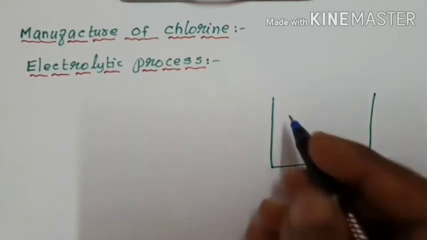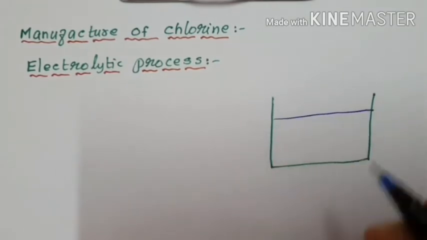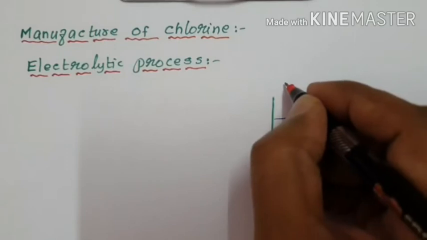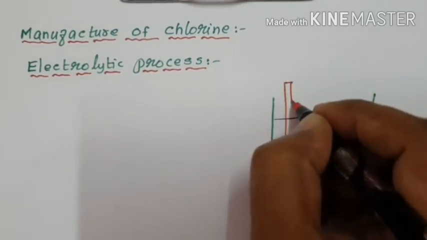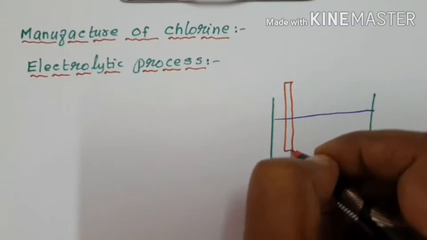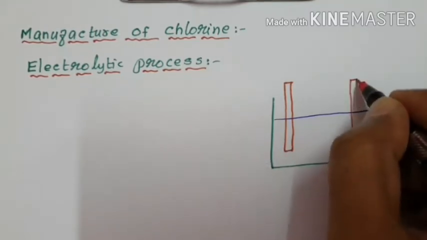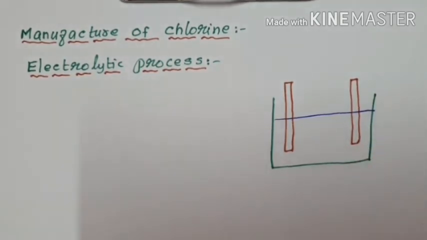Electrolyte is a salt solution which, in the presence of electric current, is called an electrolyte. And two electrodes are immersed in the electrolytic solution.